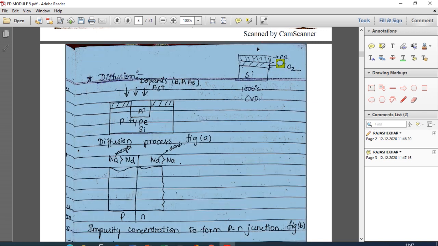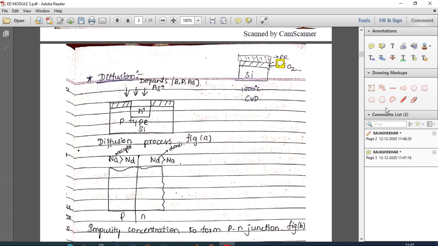The area exposed to light gets softened and is etched away, meaning it has been removed, and in that part we diffuse the N plus type dopant. This is the concept of diffusion, and this process is carried out at around 1000 degrees Celsius.